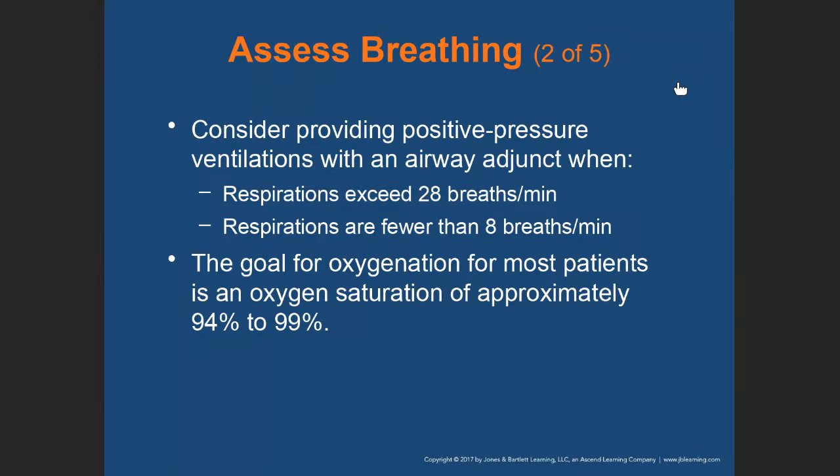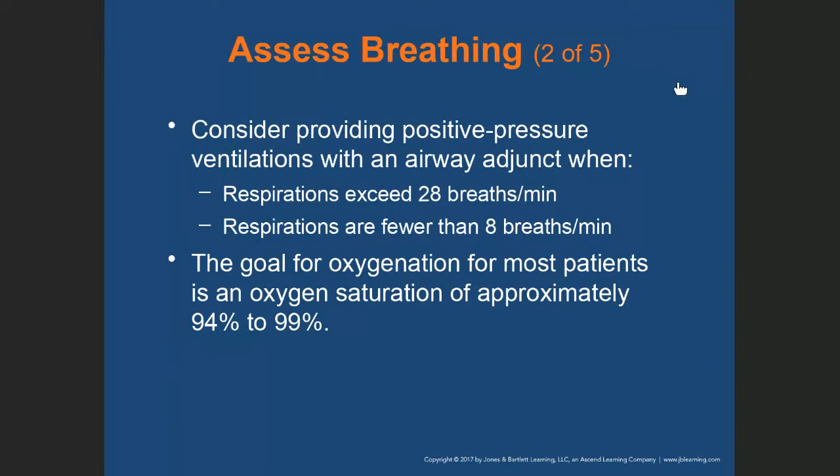So the patient must have poor chest rise or no chest rise with altered level of consciousness for you to decide if you're going to provide positive pressure with the use of an airway adjunct. You will not only rely on the numbers. So it's numbers tied to the patient presentation.